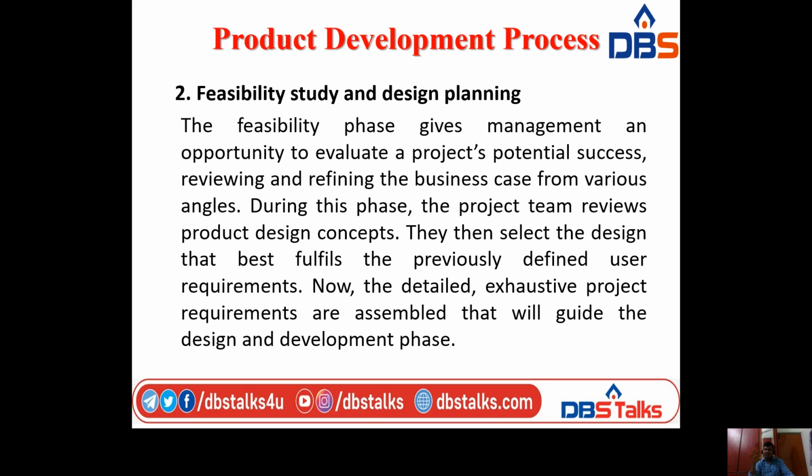In this feasibility and design planning stage, after getting all the requirements, those are analyzed carefully from a business point of view and a behavioral point of view, and detailed paperwork is prepared based on the requirements we gathered from the first stage.